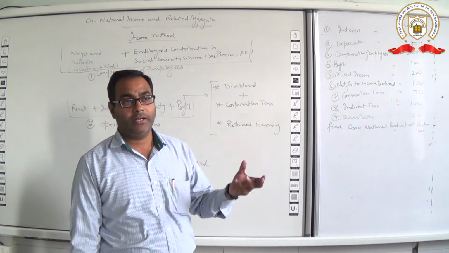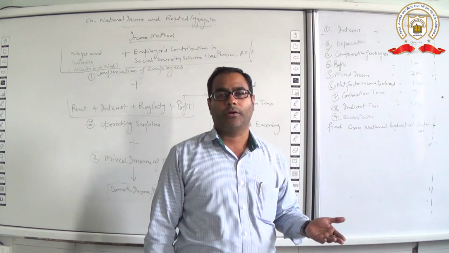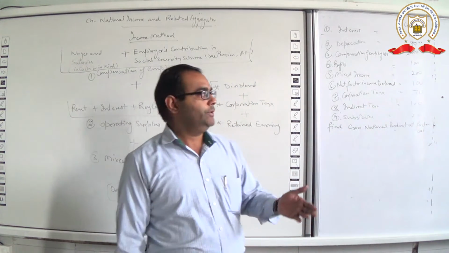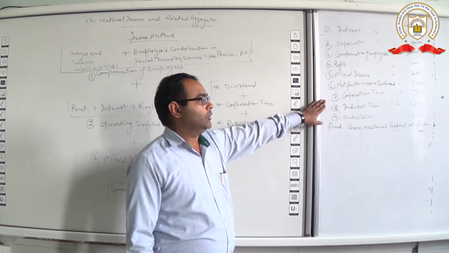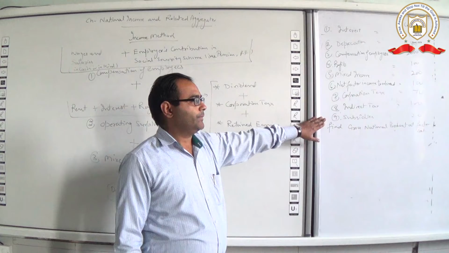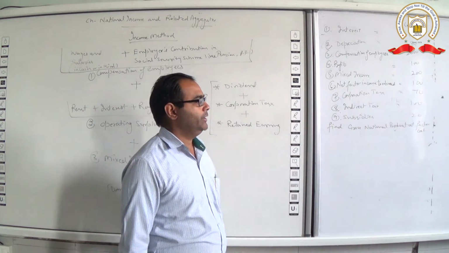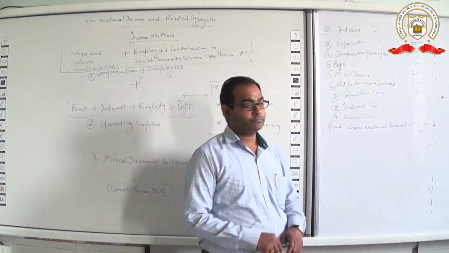But if factor income from abroad is less than factor income to abroad, it will be negative, which will be shown by net factor income to abroad. Corporation tax 70, indirect tax 100, subsidies 20, and we have to calculate gross national product at factor cost.